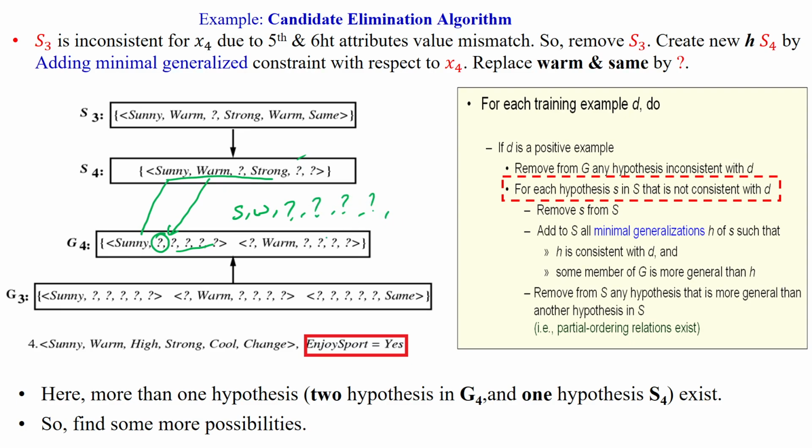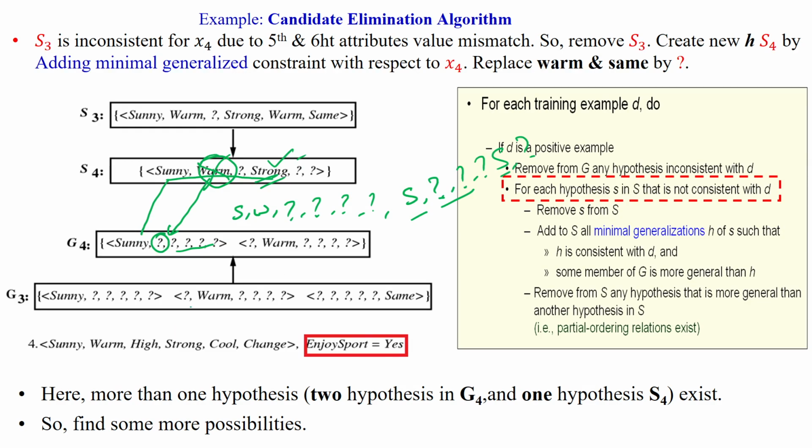Then next one, we will have the sunny and the warm as it is, and we will have the strong, otherwise we will not have the warm. So here sunny, here the same question symbol. We will use the strong, then question symbol. So sunny, three question symbols and strong.